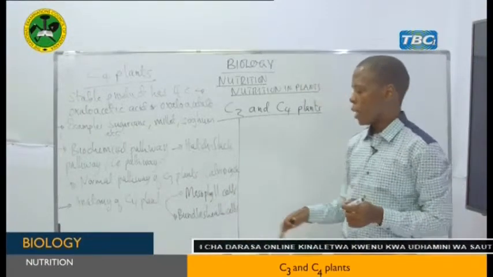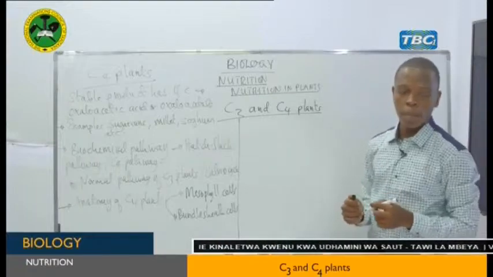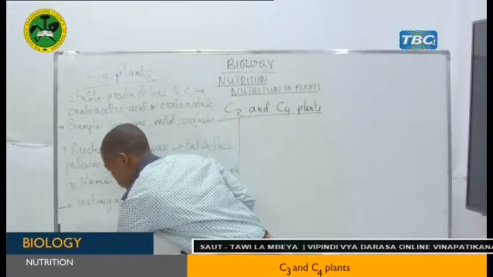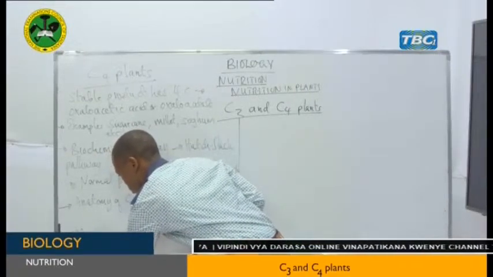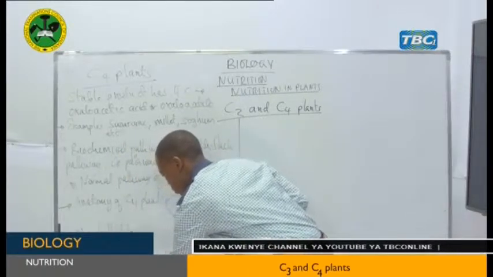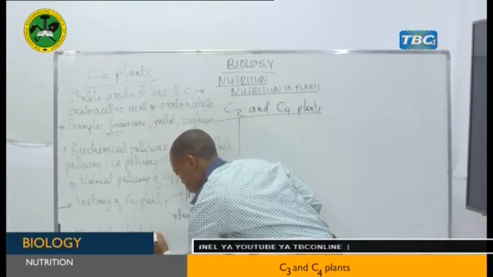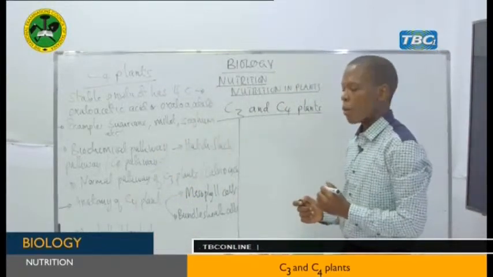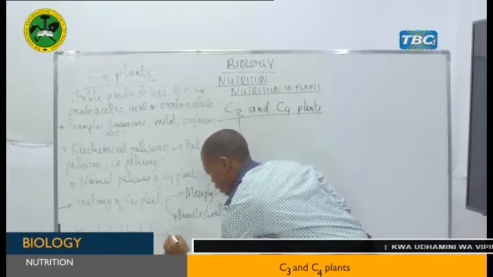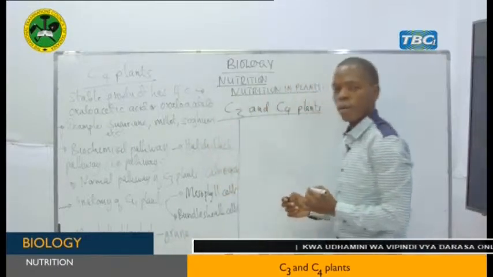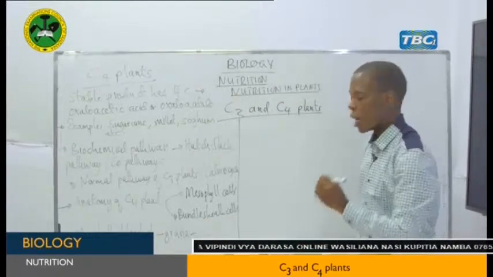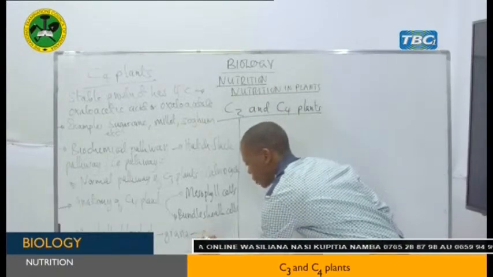In these two types of cells, each cell has its own chloroplast. The chloroplast of the mesophyll has grana. Therefore, this type of cell is specialized for the light-dependent reaction.